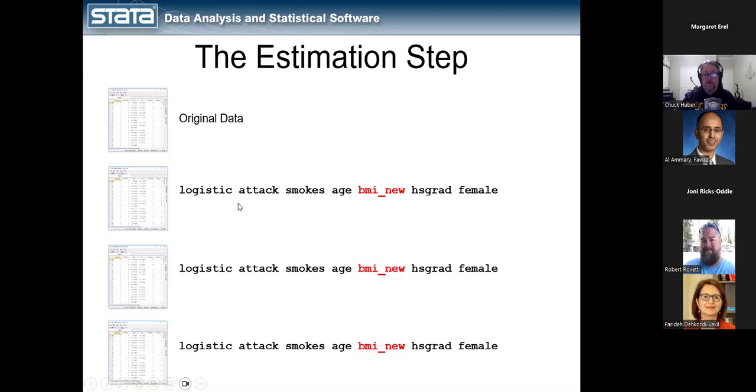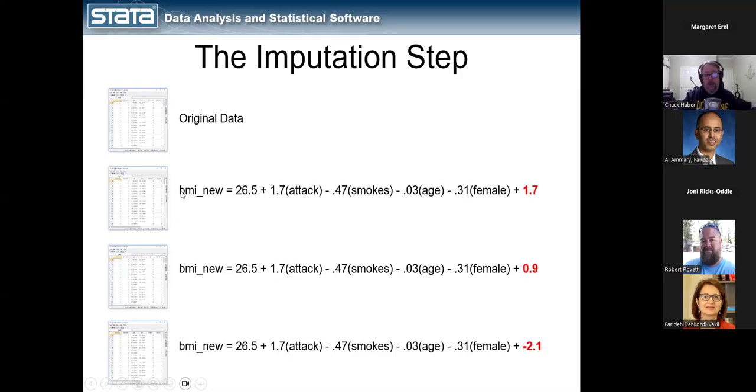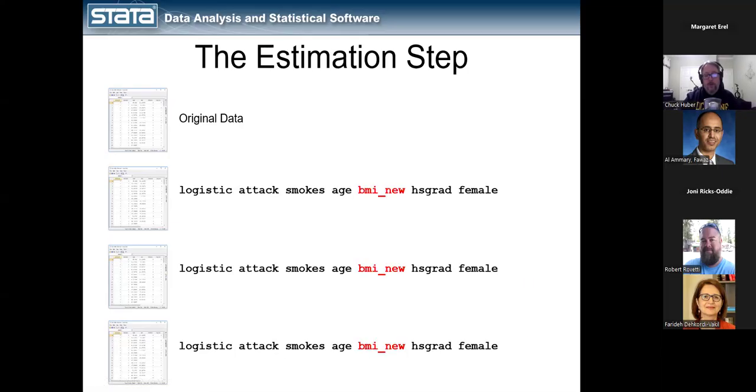So that's the imputation step. That's how I'm going to create the copies of the data and fill in or impute the missing data. Once I've done that imputation step, what I can then do is estimate or fit the model for each of the data sets. I'm going to take data set little m equals 1 and fit my logistic regression model for the binary dependent variable attack.